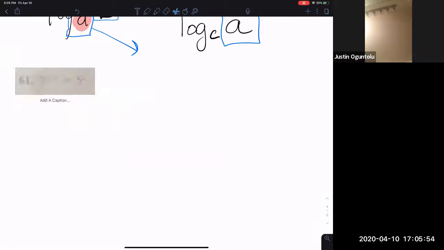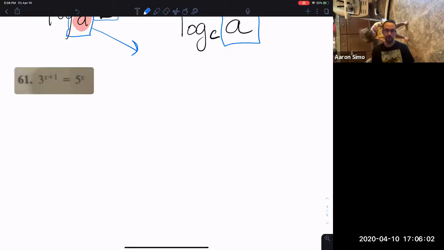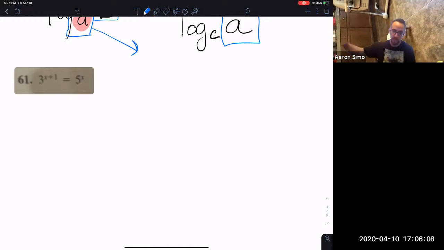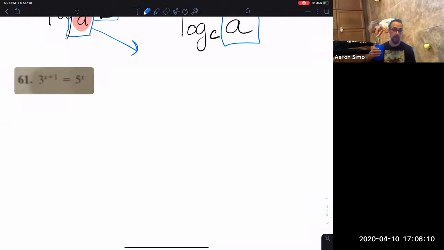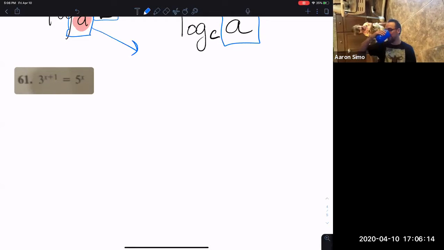Cool. I'm a little more comfortable with the ln, so I'll probably just use the ln again. I take the ln of both sides. If your calculator has ln on it, go to ln. If your calculator doesn't have ln, go to log. Yeah, it has ln.